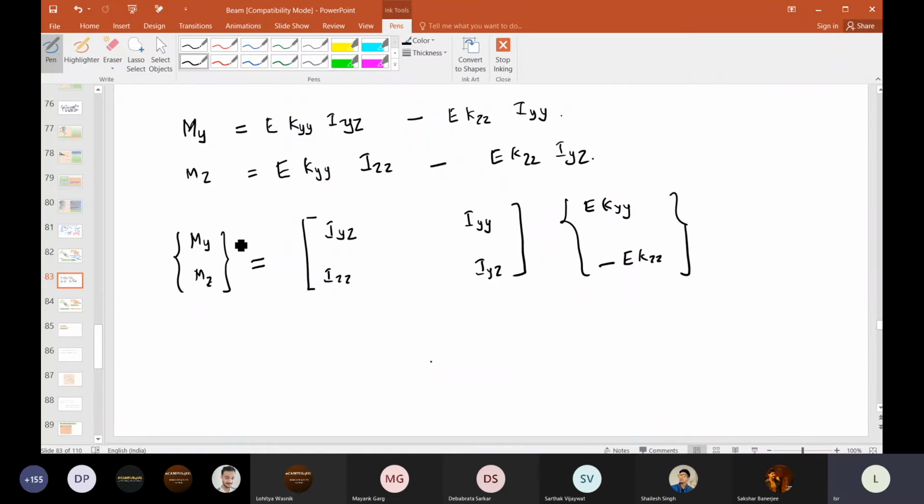So you can now solve for E kappa yy and E kappa zz. I hope now it is all right.